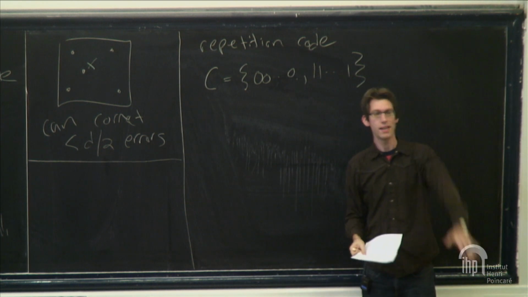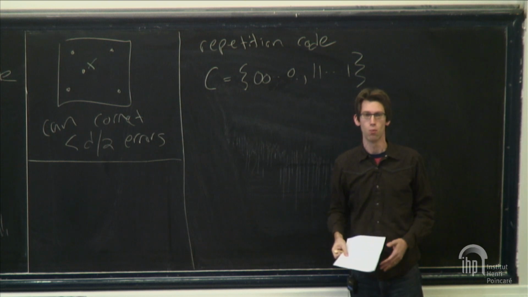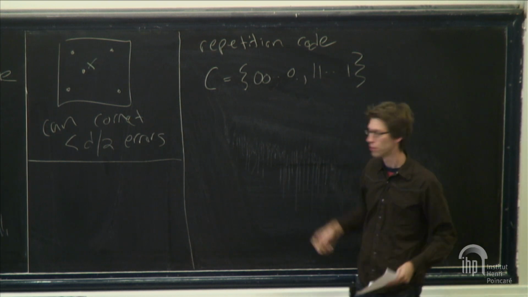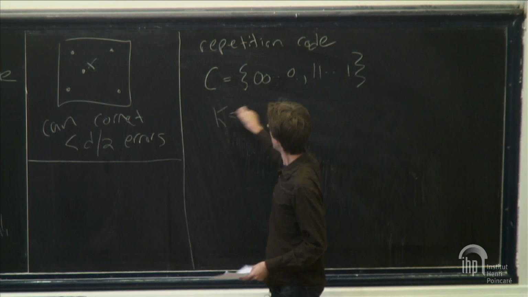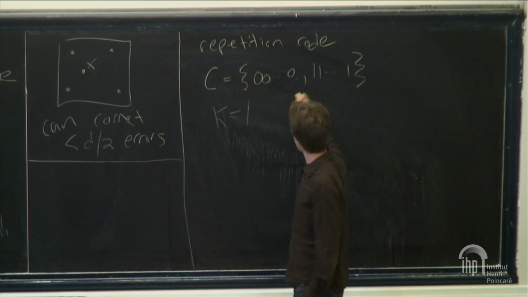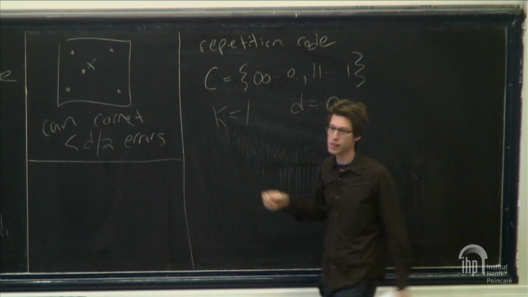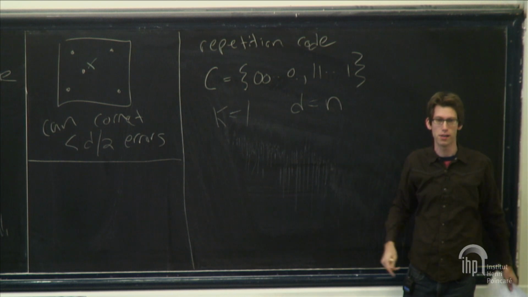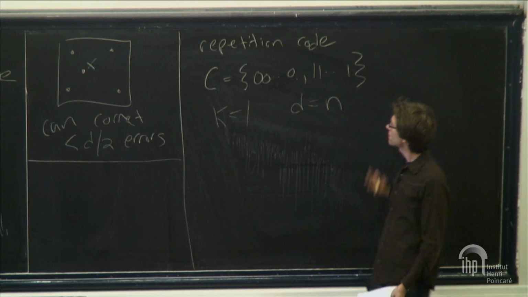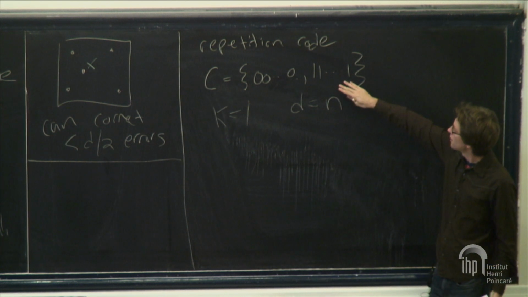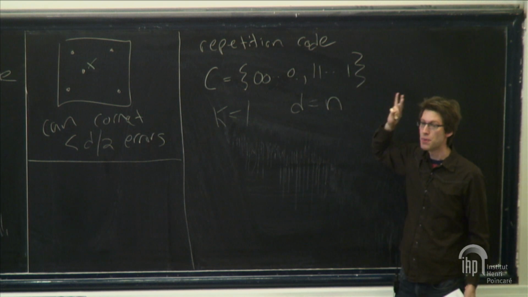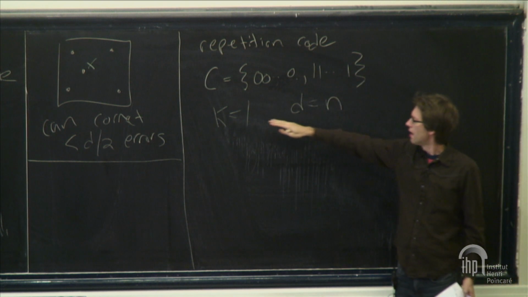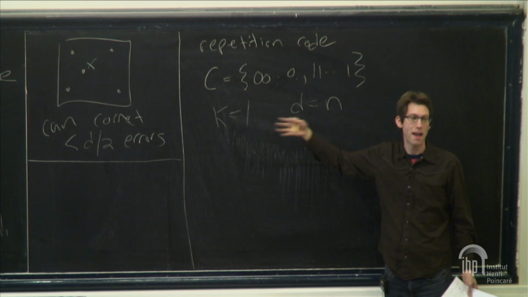One of them is you repeat 0 n times. The other one is you repeat 1 n times. It's a very simple code. It encodes 1 bit, and the distance is n, right? These points are as far apart as they could be. It's, you know, the best way of correcting errors if you don't mind having a very bad rate.